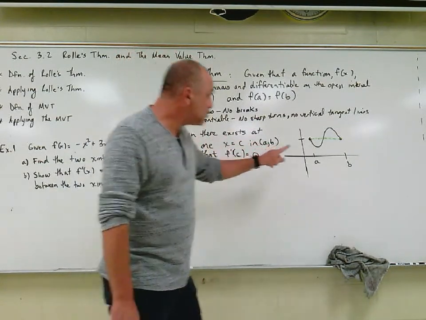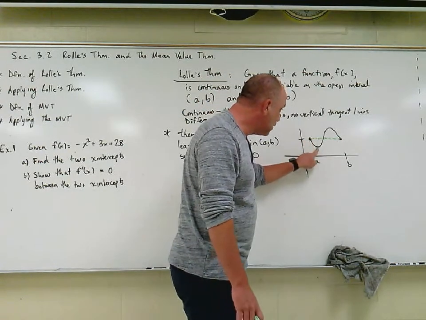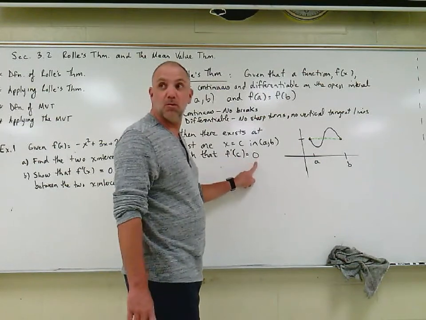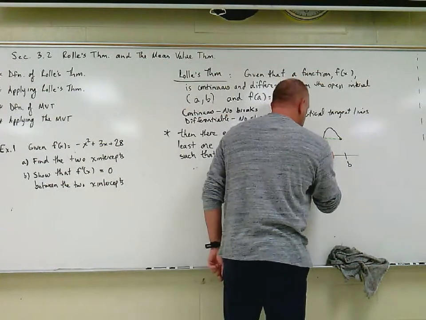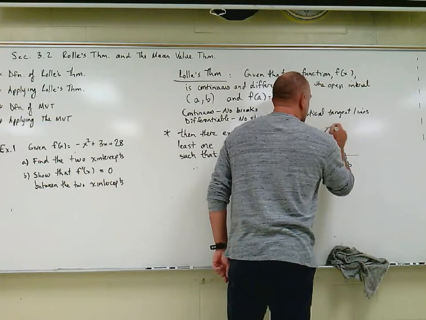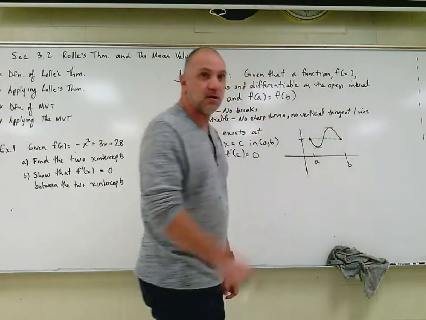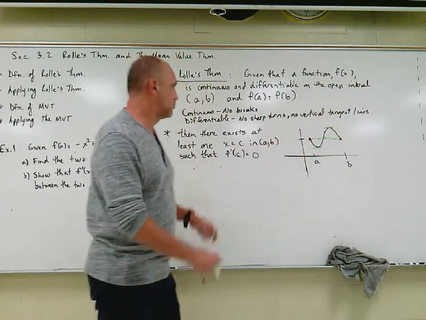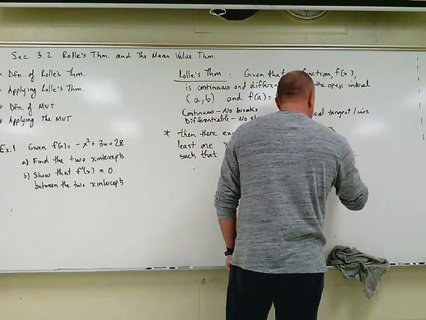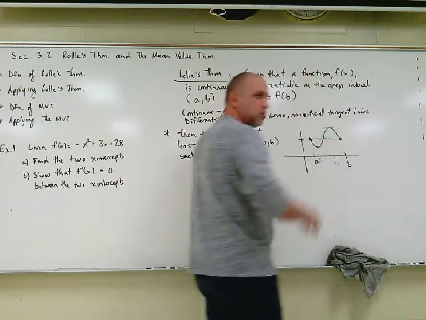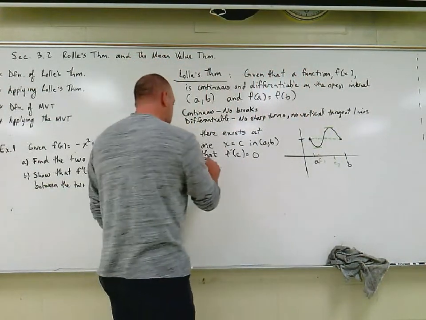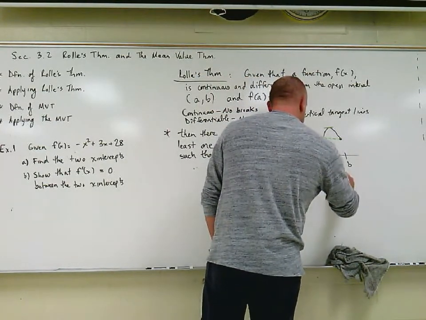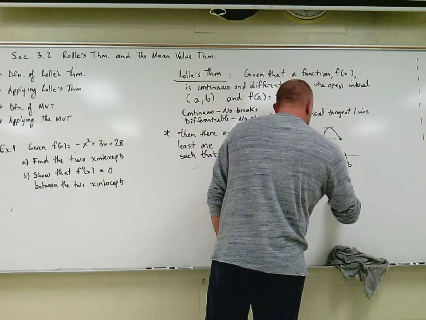Then there has to be at least one place in this interval where the tangent line, the derivative, that slope is 0. Well, for this picture, there's two. It's here and here. And what we're going to do is find these locations. So on this problem, this would be my c1, and that would be my c2. There's two places. So for that picture, we know that f prime of c1 equals 0 and f prime of c2 equals 0.